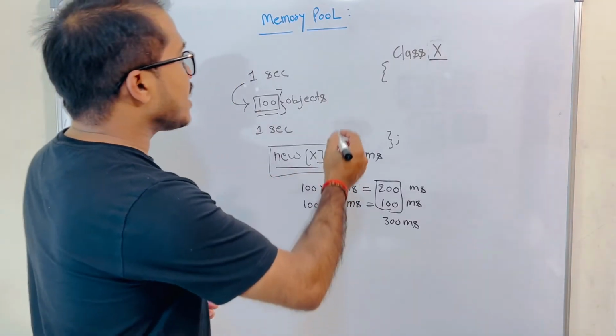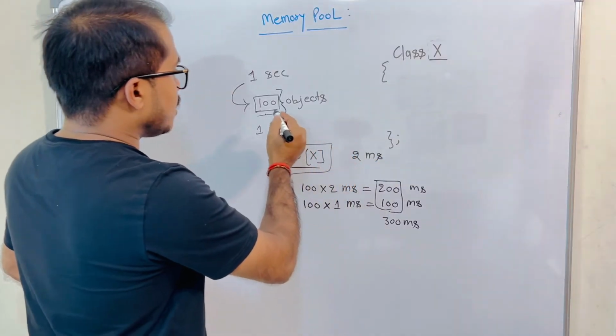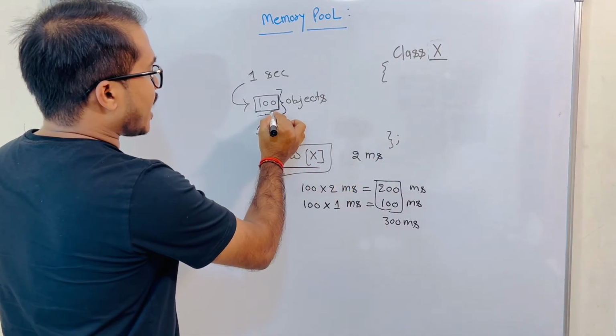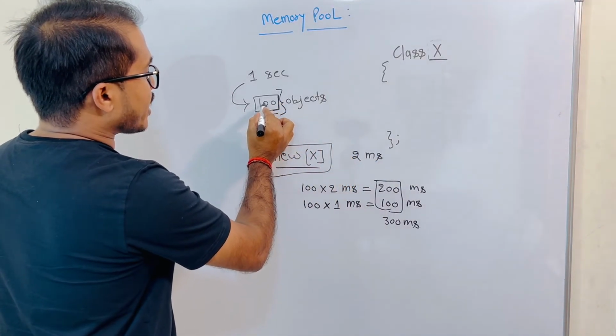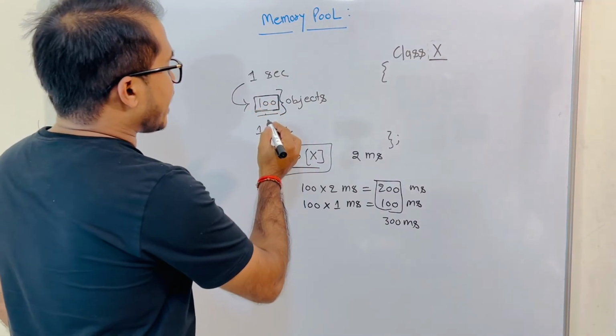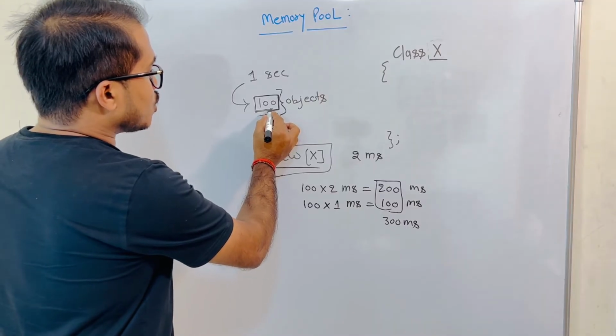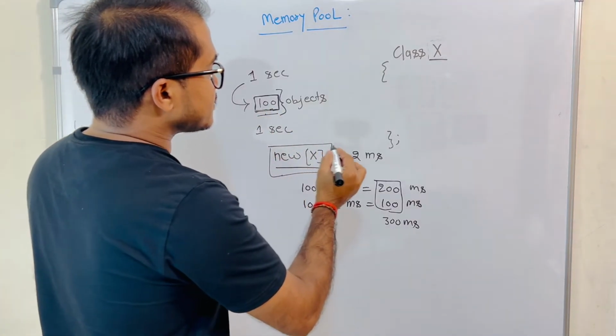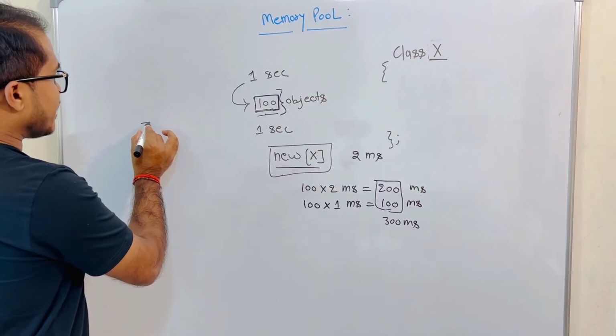So instead of again and again creating memory using the keyword new, what I can do is, at application startup, I know I'll require at most 100 objects at a time. So I can allocate memory for, let's say, 200 objects inside a pool.